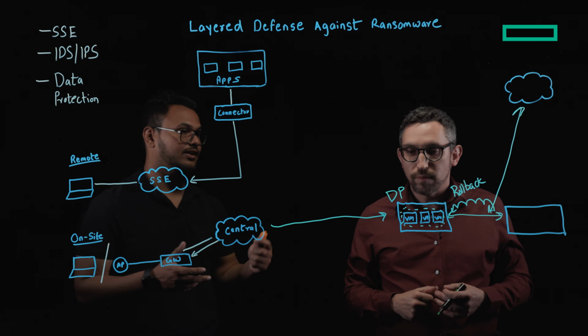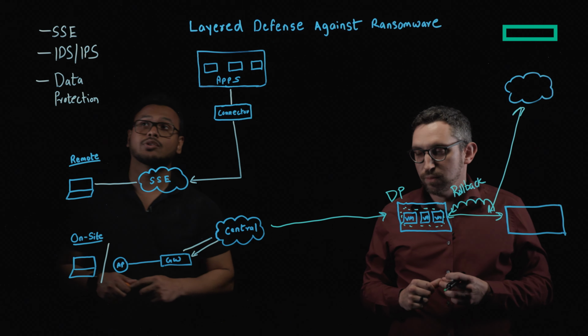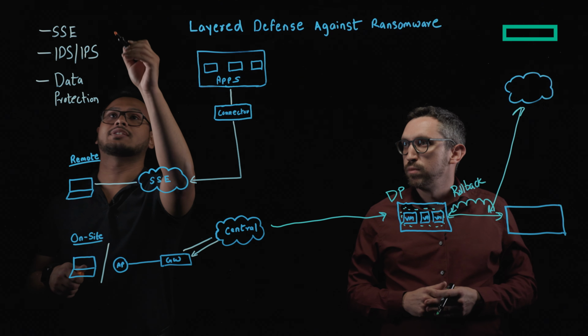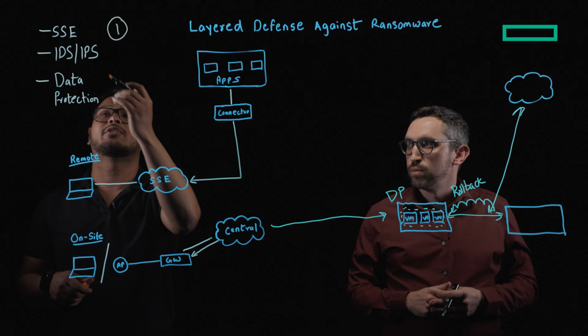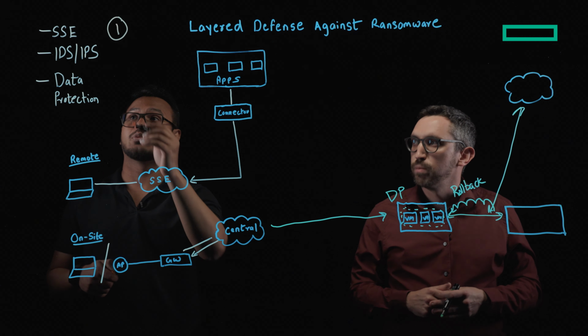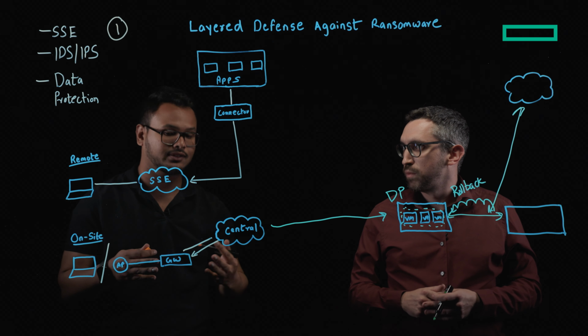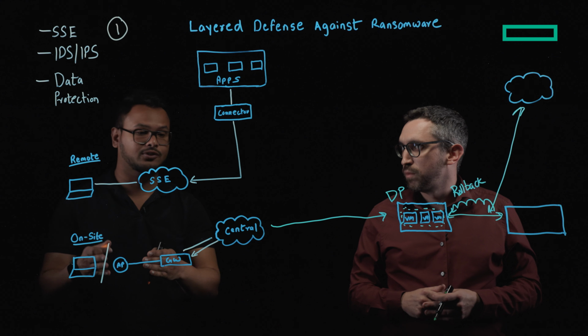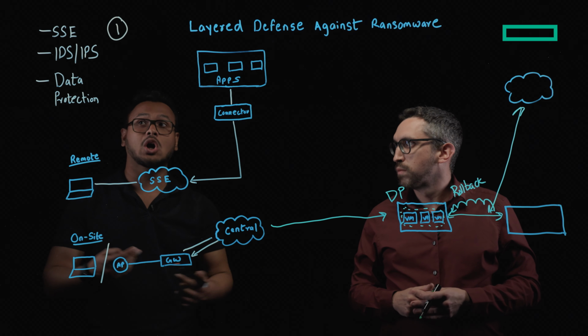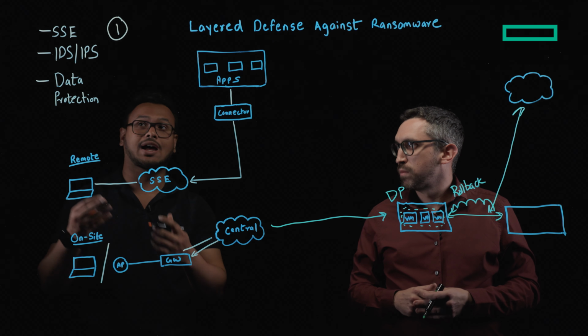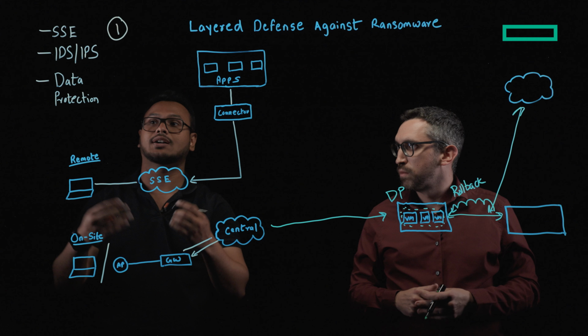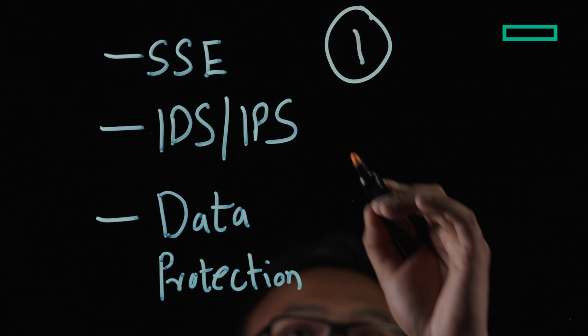Wow, so we actually see the layered defense here. With SSE, we have the first layer of defense, where we prevent the lateral movement. Yep. With IDS and IPS, you are either preventing the attacker from causing further damage, or with detection and alert, you are sending an alert to a data protection system.